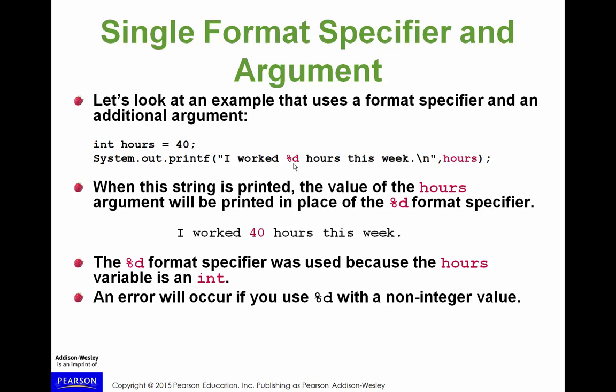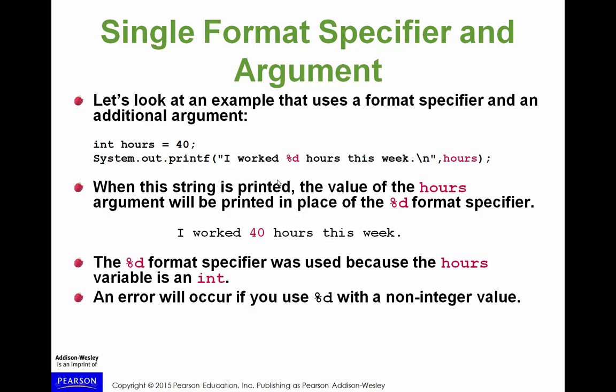So %d is a pair of symbols that tell us that we want a decimal number, not a decimal point number, but a number that will be inserted into the string at that point when it's output. And %d always applies to a decimal integer. So that could be a byte, a short, an int, or a long. Obviously, we work a lot with ints in this class, so let's just say that for this case, it's for putting an int in this string.